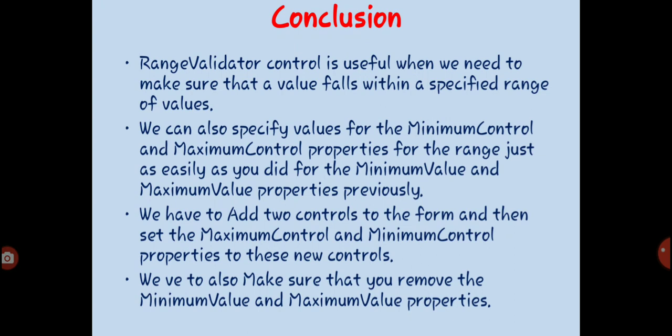So let's not confuse: if it is minimum value and maximum value, we should not give minimum control and maximum control. If you have given minimum control and maximum control, we should remove minimum value and maximum value.